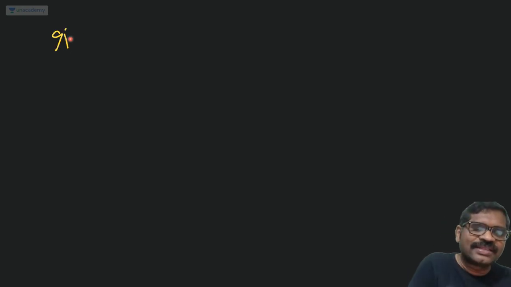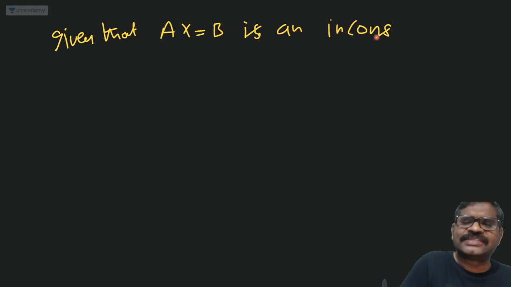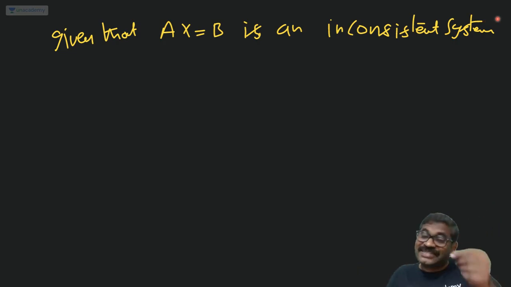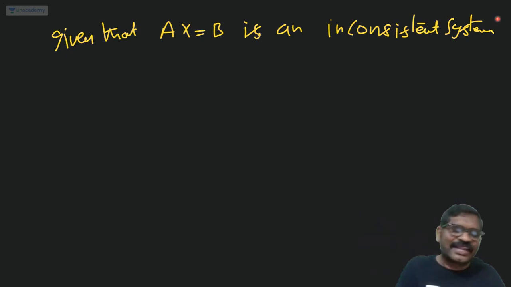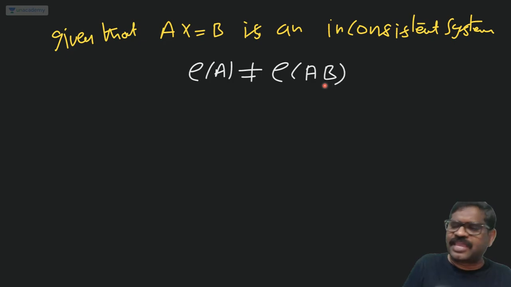If given that Ax equal to B is an inconsistent system, rank of A not equal to rank of AB.